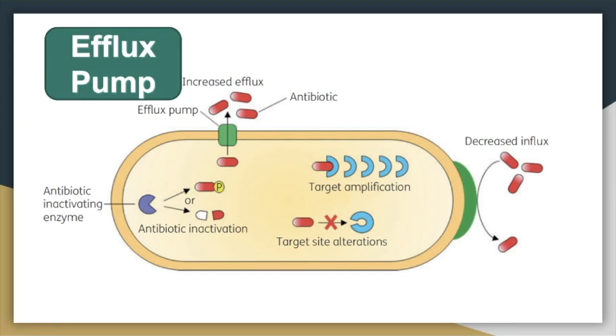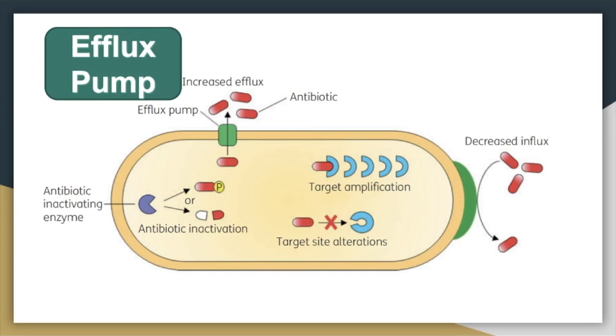regarding aminoglycosides, what happens is, number one, you have increased efflux, because remember, this works on the inside of the cell, so you're pumping the aminoglycoside out of the cell, and that's one way in which you can have resistance.